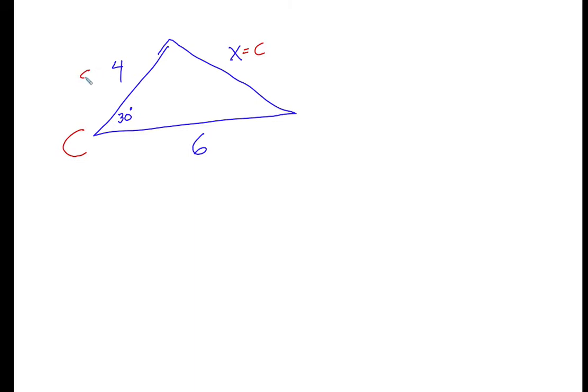It doesn't matter which one we call which. Let's call this little a and this little b, and so now our equation becomes a squared plus b squared minus 2 times a times b times the cosine of angle C is going to equal c squared.